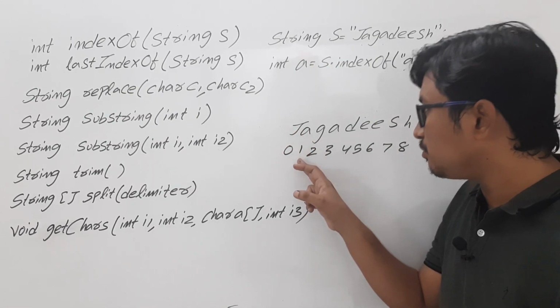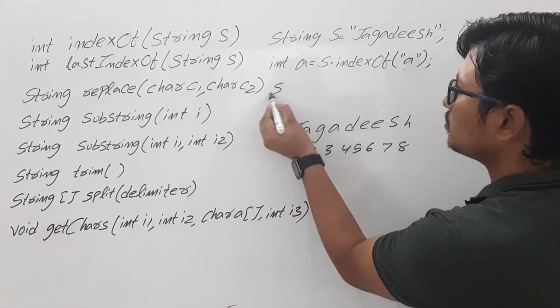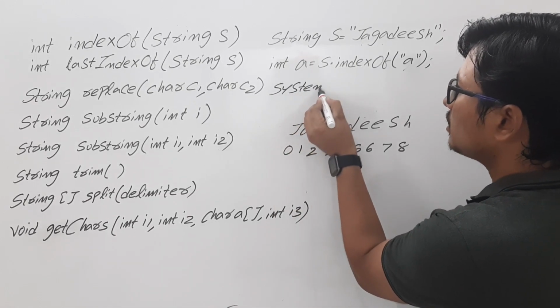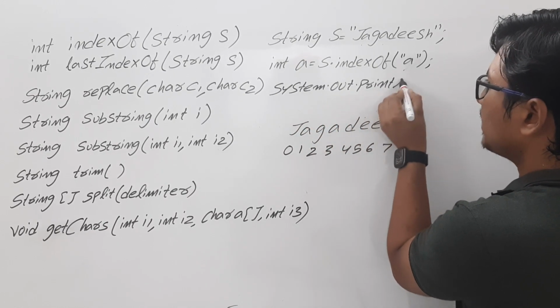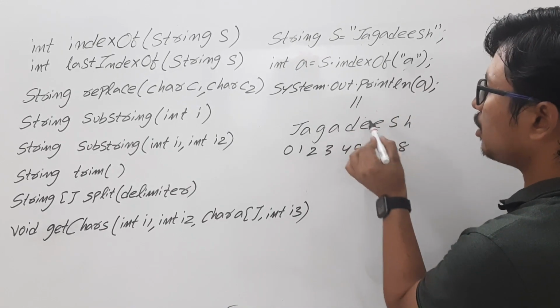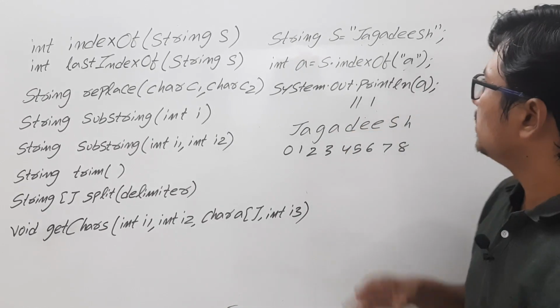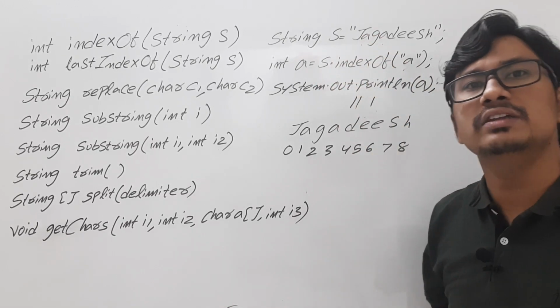So at which index is it? At index 1. So if I write System.out.println and write a, it will produce the output as 1 because a is at index 1 in the string called Jagadish.